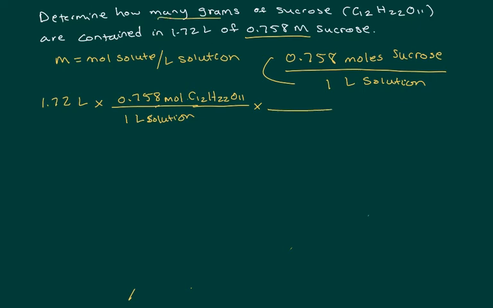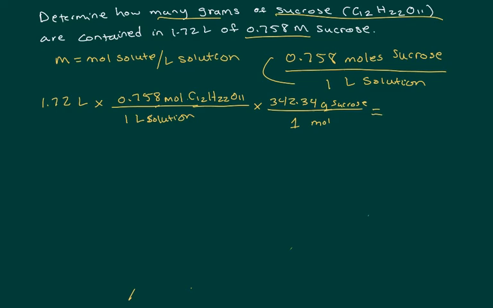And I don't want to stop there because I'm being asked how many grams of sucrose I need. Well, I have moles, so in order to go from moles to grams, what do I need? I need the molar mass of sucrose. That's why I gave you the molecular formula for that. And that is 342.34 grams of sucrose. So remember that sucrose and C12H22O11 are the same exact thing.